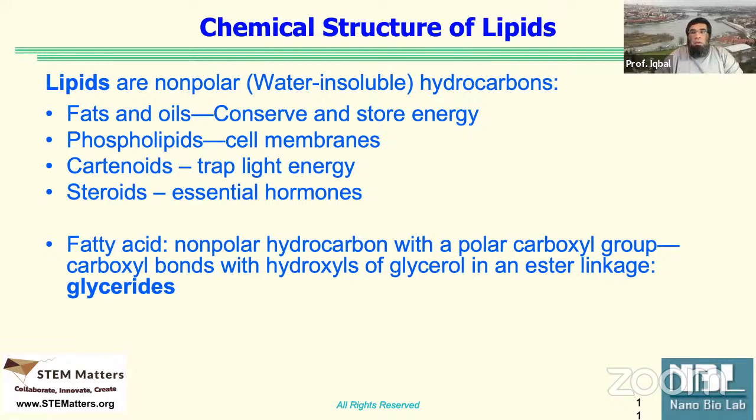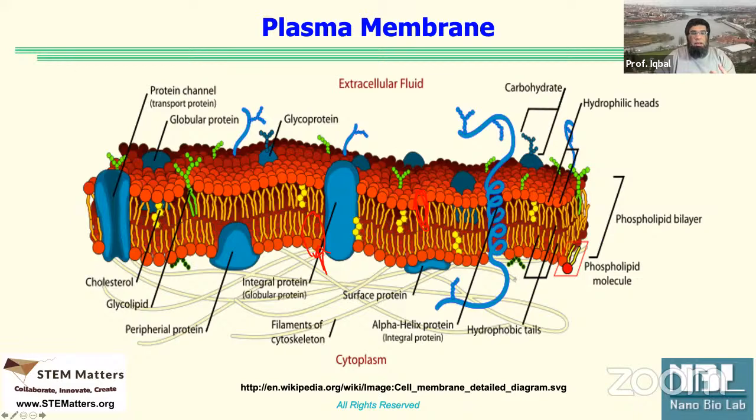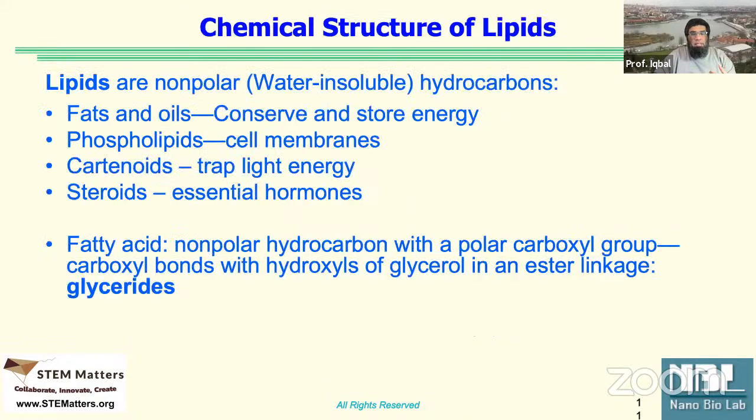Now, these lipids, the red and the yellow one, these are phospholipids. When they come together, we call them a phospholipid bilayer. These are considered the major structure of a cell, right?